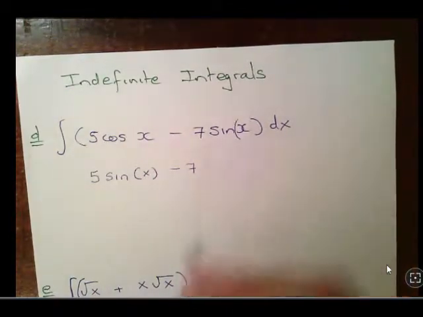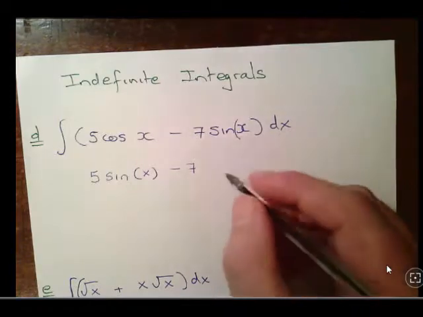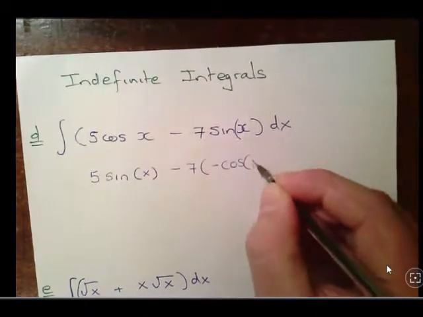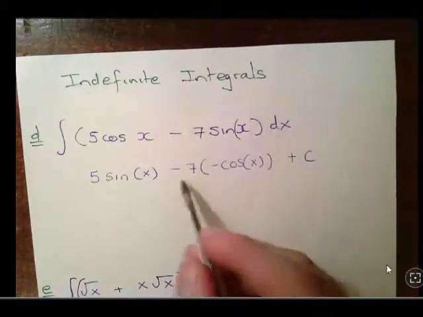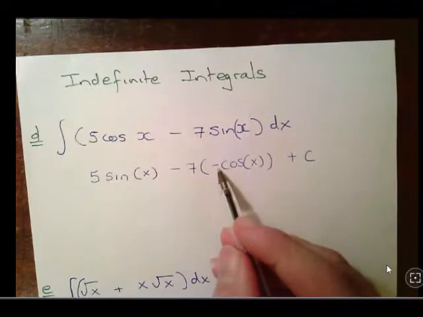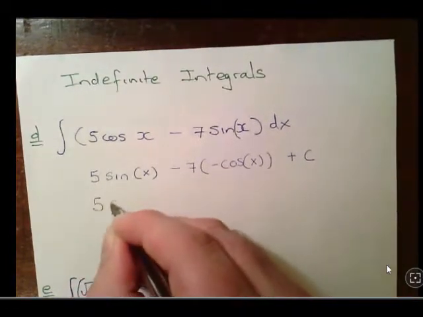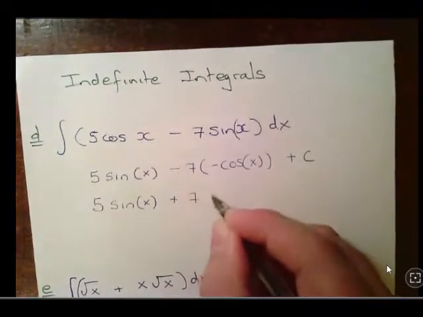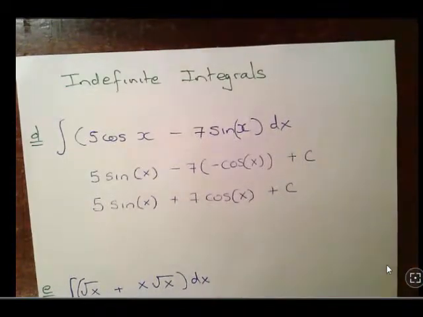Never mind. Silly me. The integral of sine of x is minus cos of x, plus c. So we have minus 7 times minus cos of x, so the minuses cancel out. We're left with 5 sine of x plus 7 cos of x plus c.